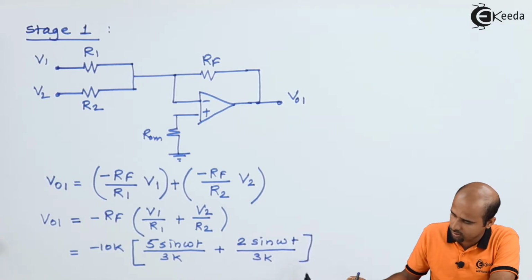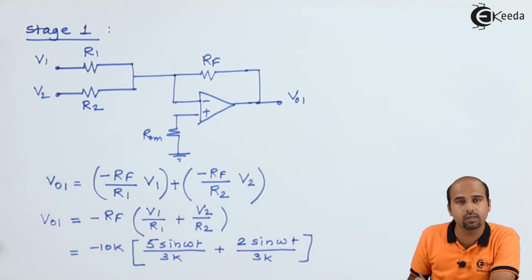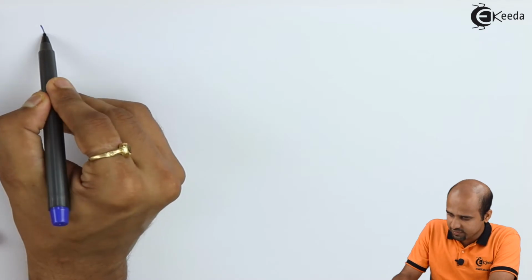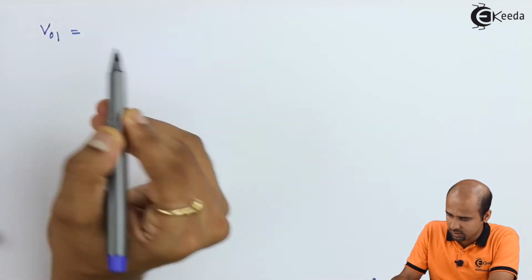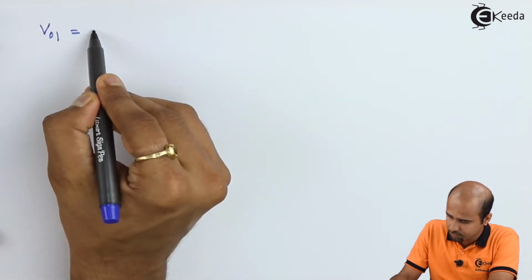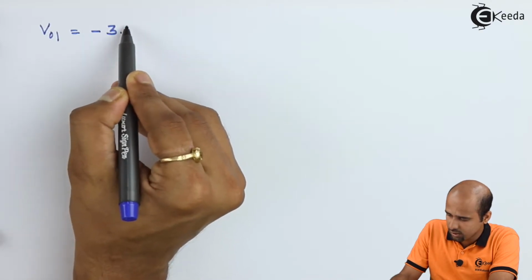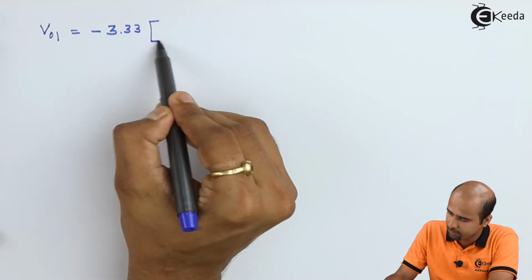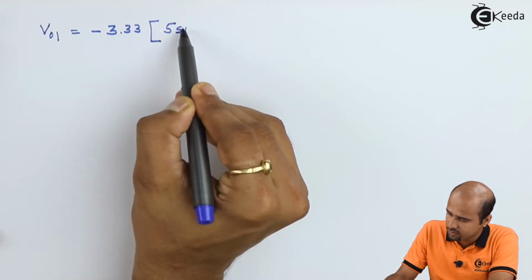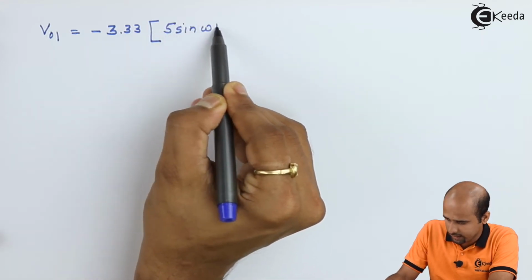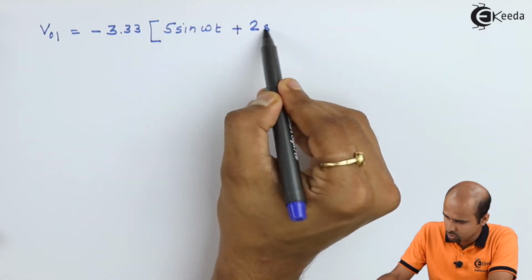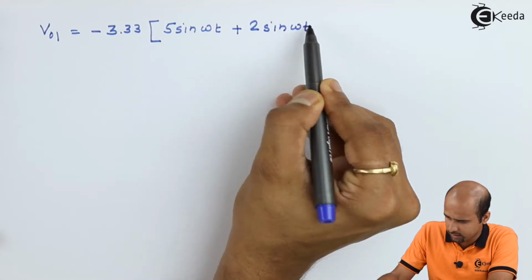So 3K and 10K will become 3.33, and ultimately we will be getting the value of VO1 is equal to minus 3.33 multiplied by 5 sine omega t plus 2 sine omega t.